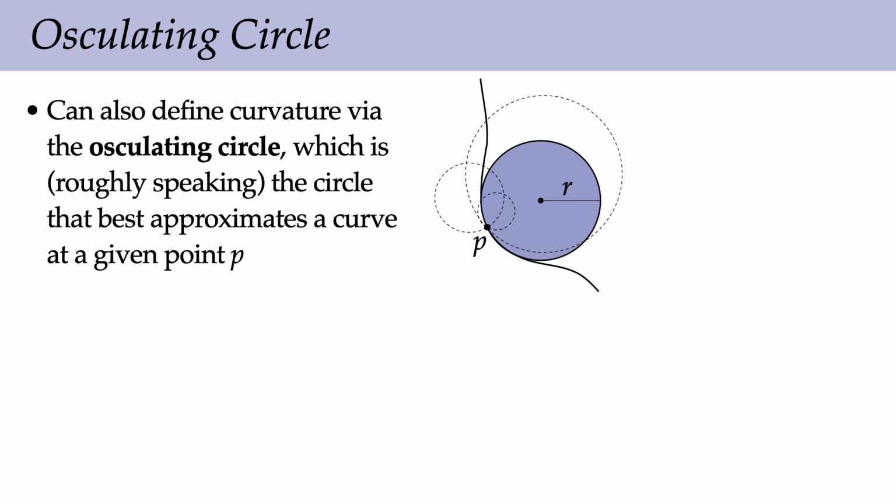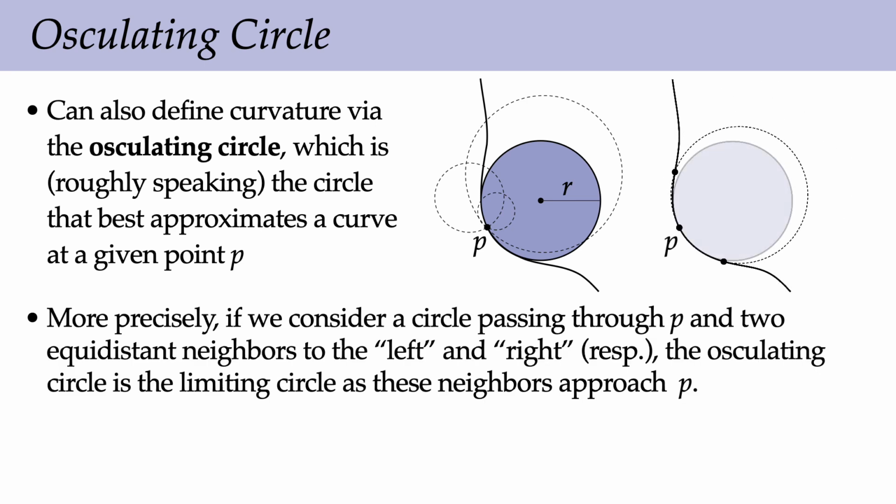More precisely, to define the osculating circle at any given point P, we can consider two other points, one to the left, one to the right, both at the same distance along the curve from P. And there will be a unique circle passing through those 3 points in the plane.